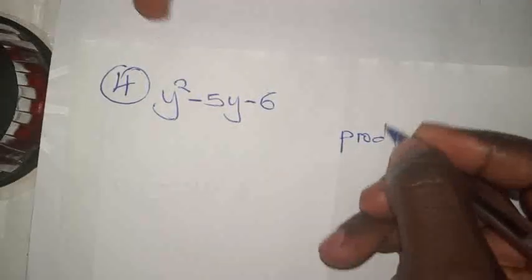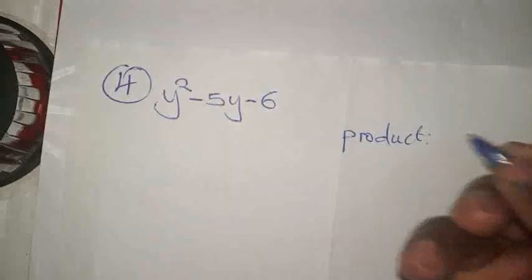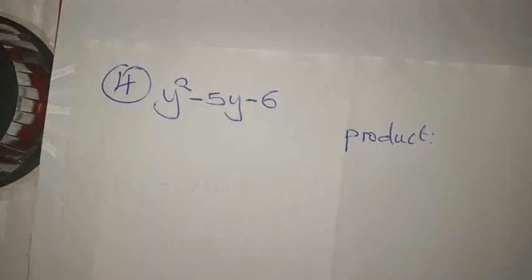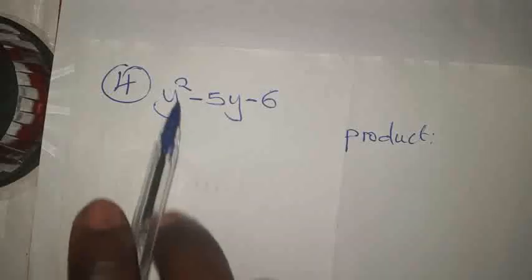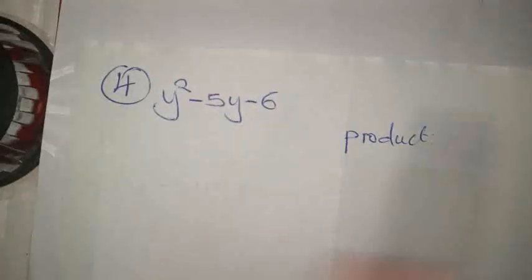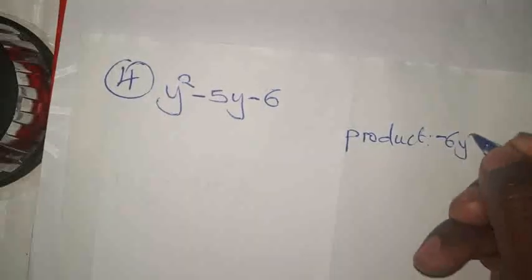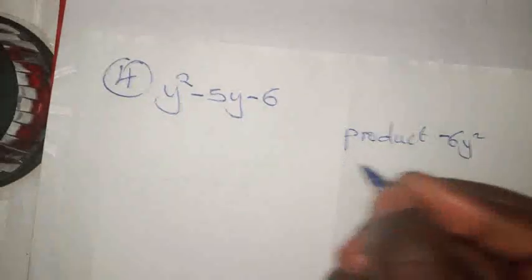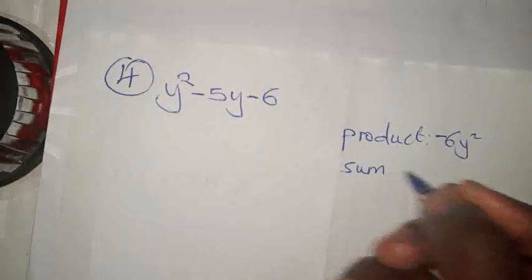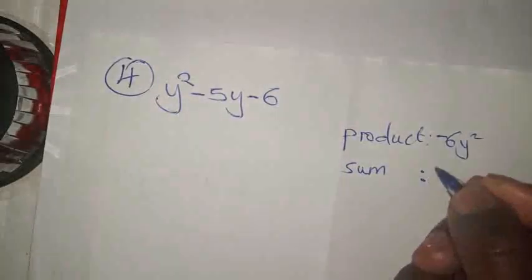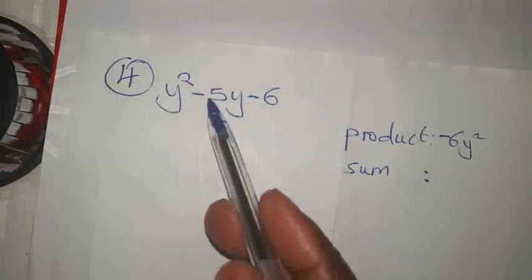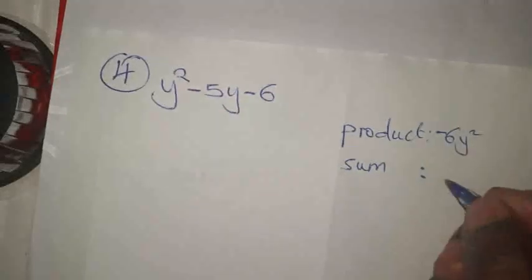We multiply a and c, of which here y squared by negative 6 gives negative 6y squared. Then our sum, you just get the value of b, of which here it's just negative 5y.